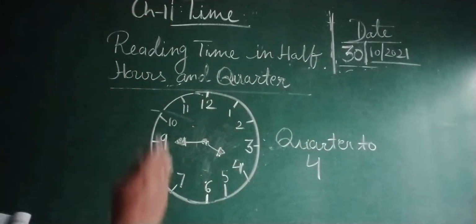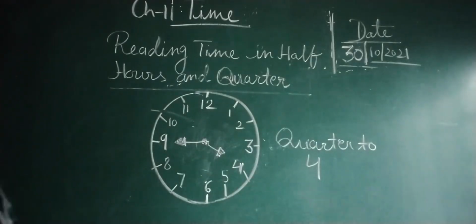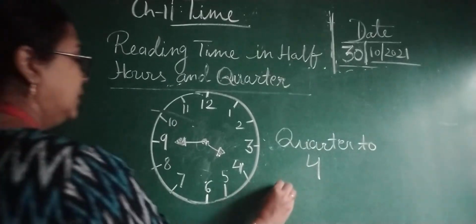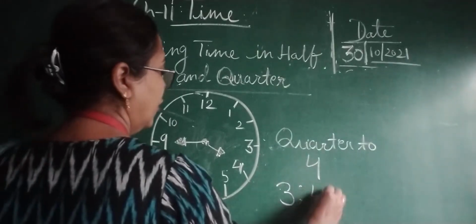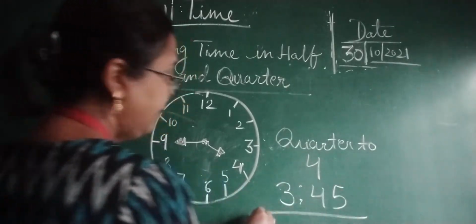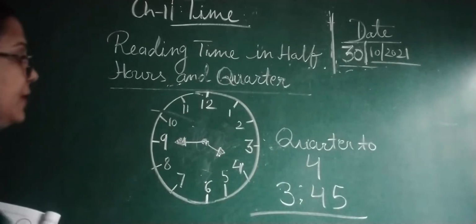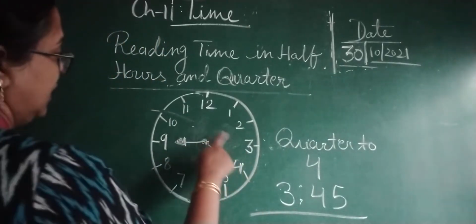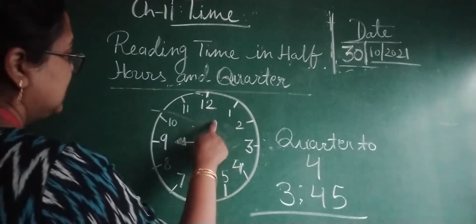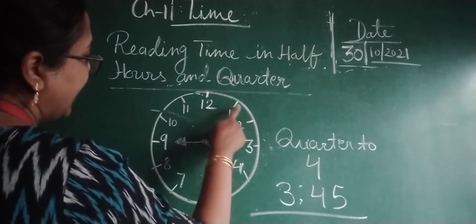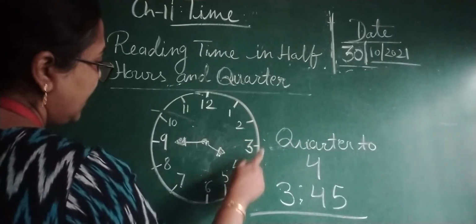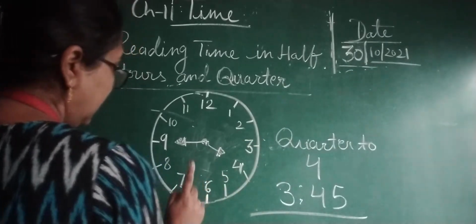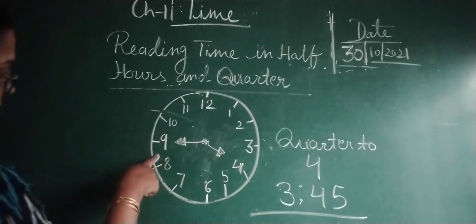So this is quarter to 4 and you can write it like 3:45. Why will we say this is 3:45? Because if we count from 3, suppose it is 3, we will count 5, 10, 15, 20, 25, 30, 35, 40 and 45.